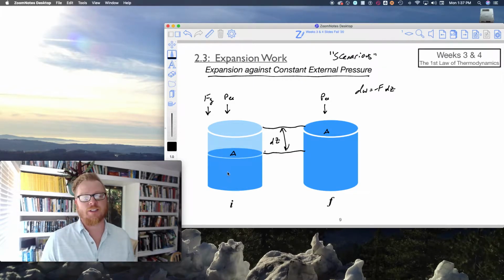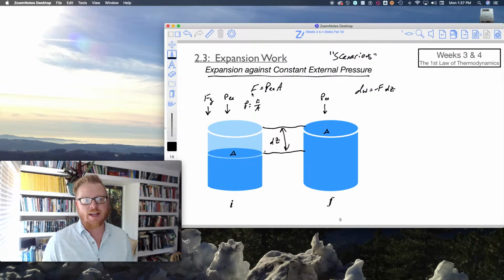Let's just suppose the cylinder is open to the atmosphere, okay? So if we know pressure is force divided by area, then I can say that this force in question is going to be P external times the area. And again, I get that because by definition, pressure is force divided by area.